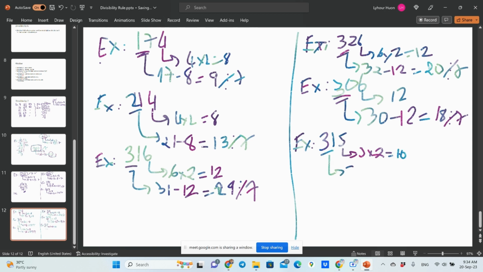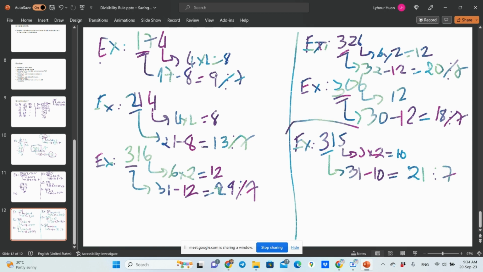This is 31 minus 10. Wait, I also subtracted 21 minus 15, my bad. It's 21. Finally! Yes, that is divisible by 7.